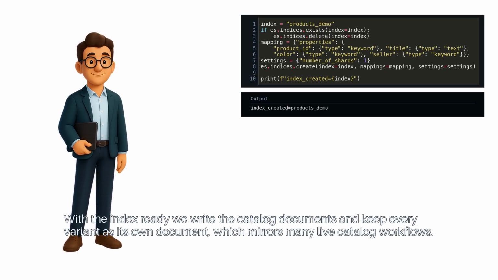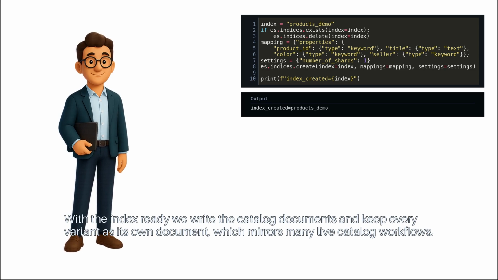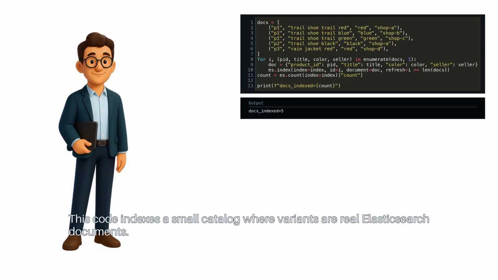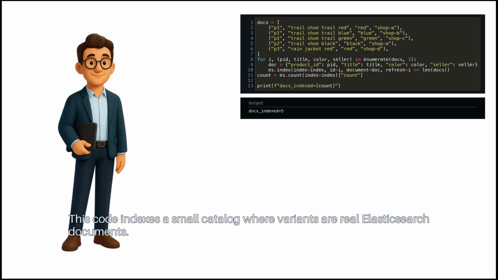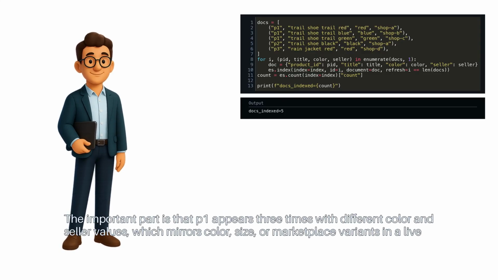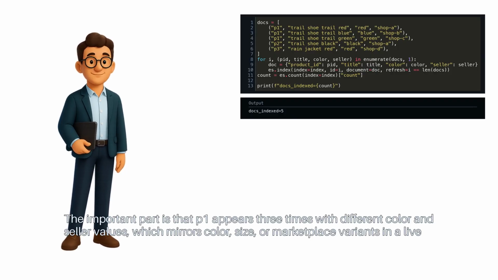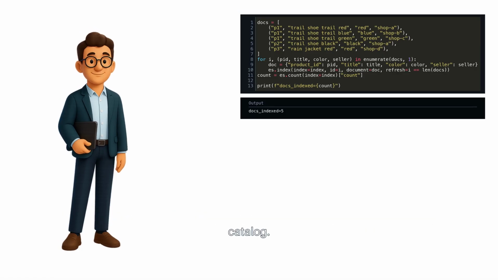With the index ready, we write the catalog documents and keep every variant as its own document, which mirrors many live catalog workflows. This code indexes a small catalog where variants are real Elasticsearch documents. The important part is that P1 appears 3 times with different color and seller values, which mirrors color, size, or marketplace variants in a live catalog.